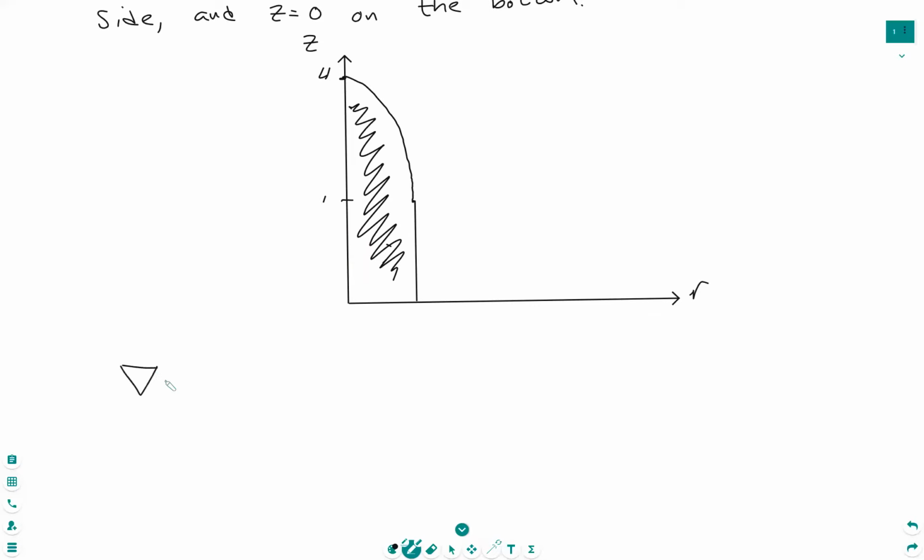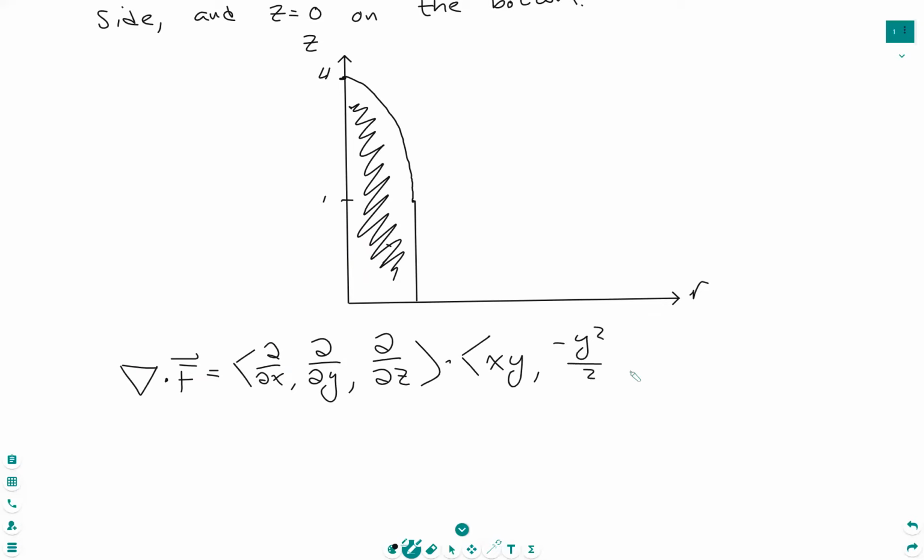So the first thing I'm going to do is go ahead and look at the divergence of F, partial X, partial Y, partial Z, dotted with X times Y, negative Y squared over 2, and Z. This will give me, do partial X here, I get a Y. Do a partial Y here, I get minus Y. And then I do a partial Z there, I get plus 1.